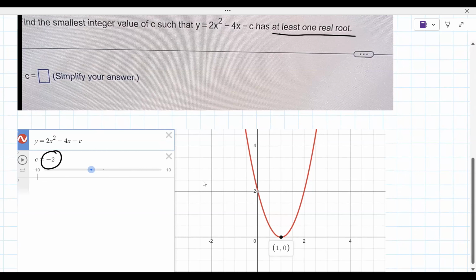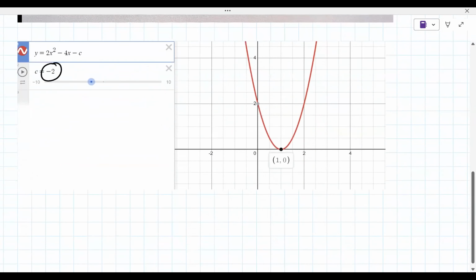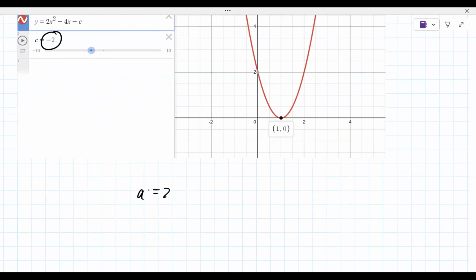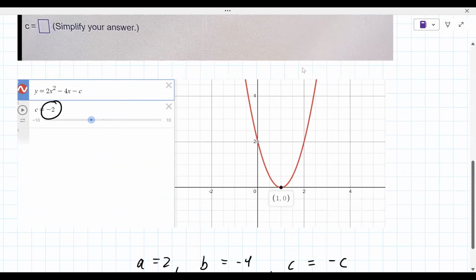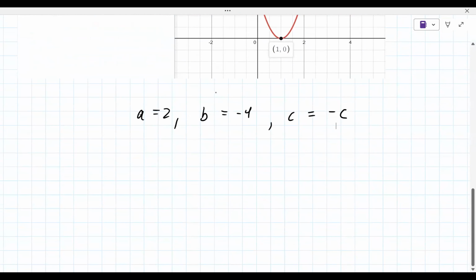What would be the easiest way? Quadratic formula. So the quadratic formula here is that a equals 2, b equals -4. And unfortunately, this is a little bit weird. C is actually minus c, because it's whatever this number is, including the sign. The part that you care about is b squared minus 4ac, which is called the discriminant.